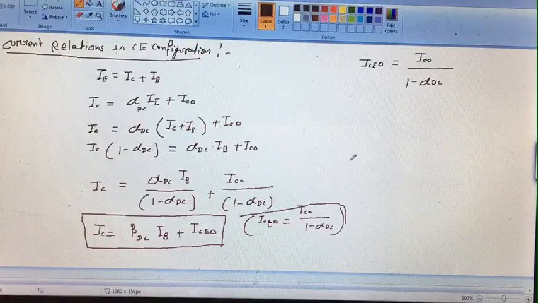ICEO is equal to ICO upon 1 minus alpha DC. Here it is also written as ICBO upon 1 minus alpha DC.